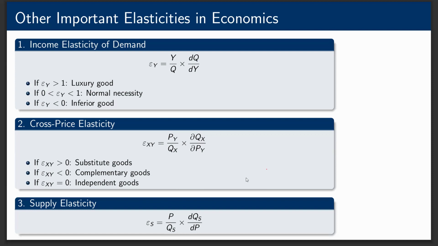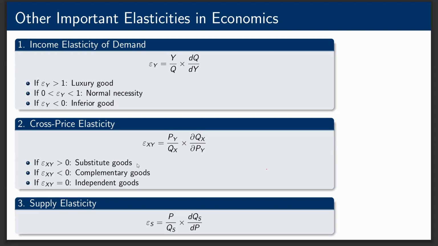Another type of elasticity is cross price elasticity. It means the change in one good's demand due to a change in the price of a related good. For substitute goods, that means both goods serve the same purpose, either tea or coffee, the elasticity will be positive. Why? If the price of tea increases, tea becomes costlier and the demand for coffee will increase.